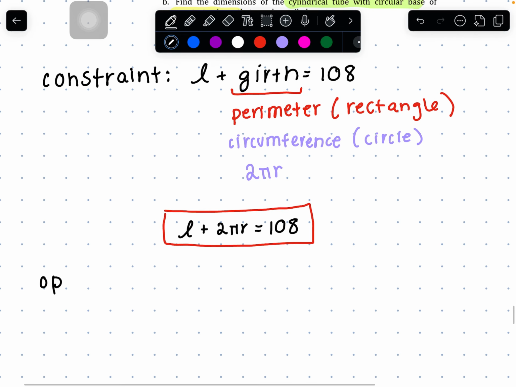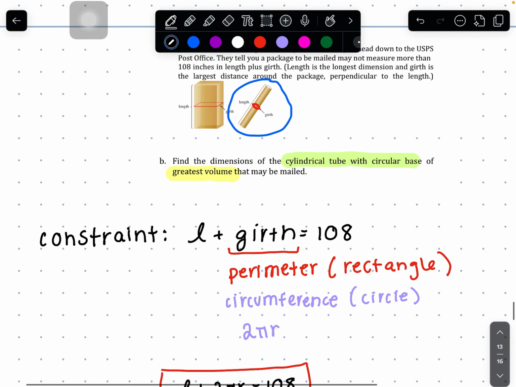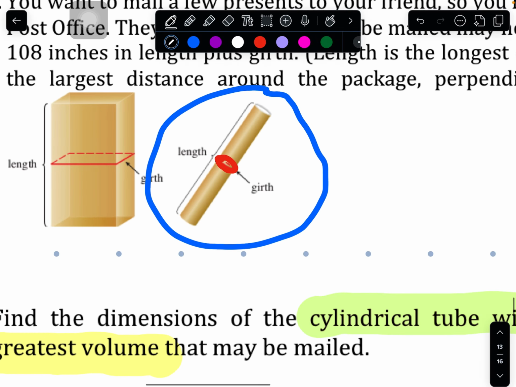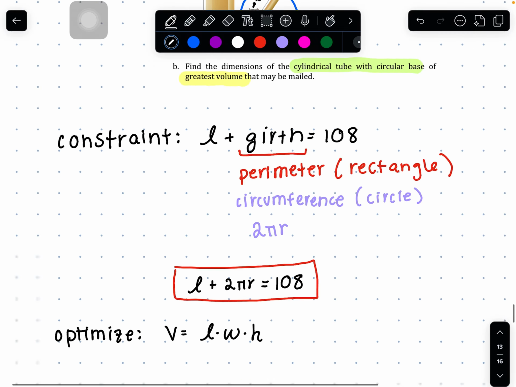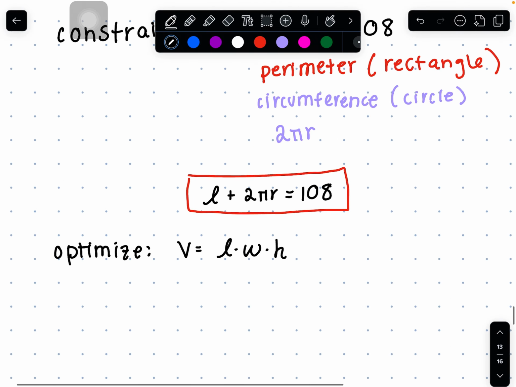The equation to optimize is still volume, but our volume is going to look a little bit different. Again, volume is length with height. Let's call length h, because we usually consider this the height of the cylinder. So volume equals height times length times width, right?